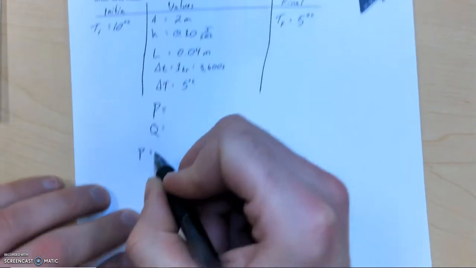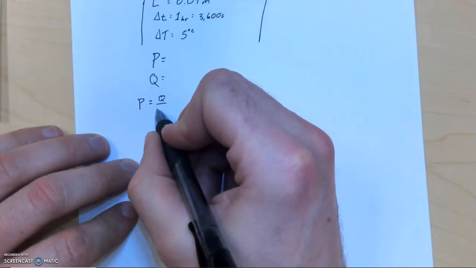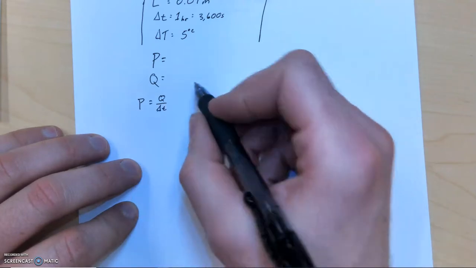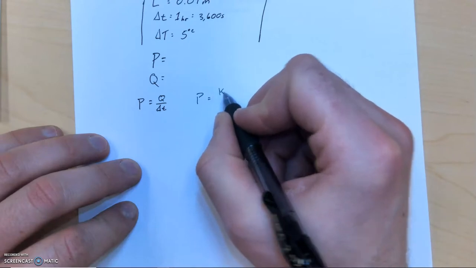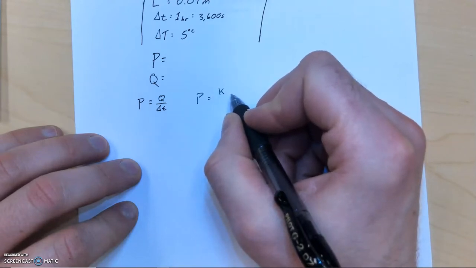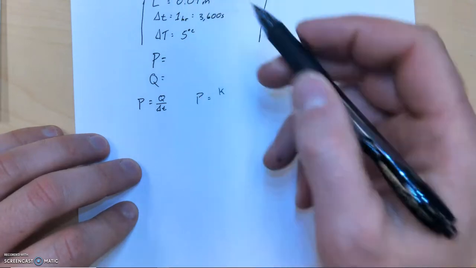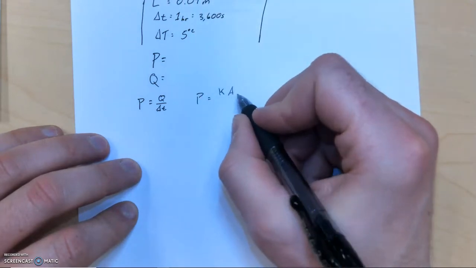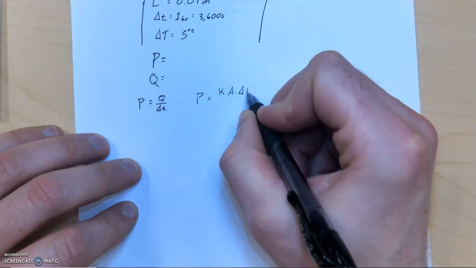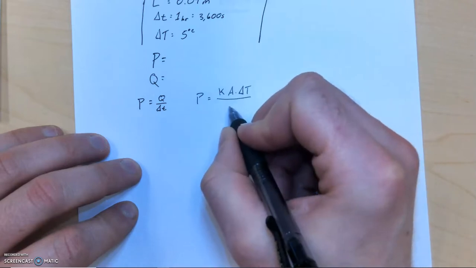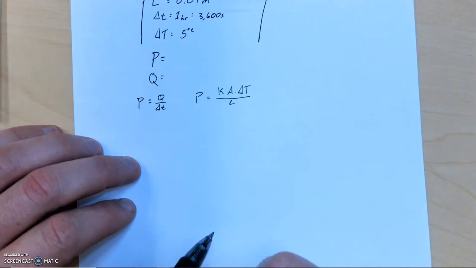P is equal to the thermal energy Q over the change in time, and then P is also equal to the thermal conductivity K times the area, and then times the change in temperature, and put all that over however thick the material is. Obviously, the thicker the material, the longer it's going to take.